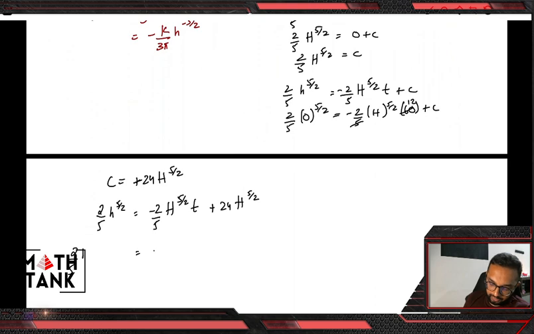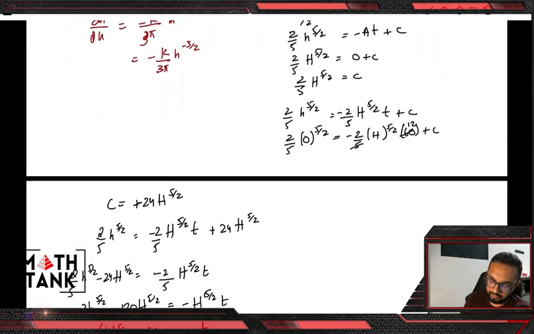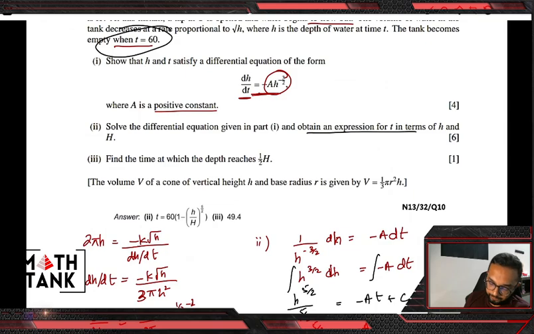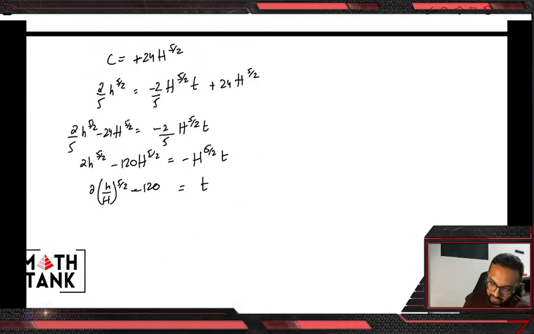Cross multiplying gives me 2h power 5 over 2 minus 120 capital H power 5 over 2 equals minus h over 2, h power 5 over 2 t, and then dividing it on the other side, so this becomes h over capital H power 5 over 2. This h power 5 over 2 gets cancelled out, so I'm left with minus 120 equals minus t. So t is basically 120 minus 2 h power.